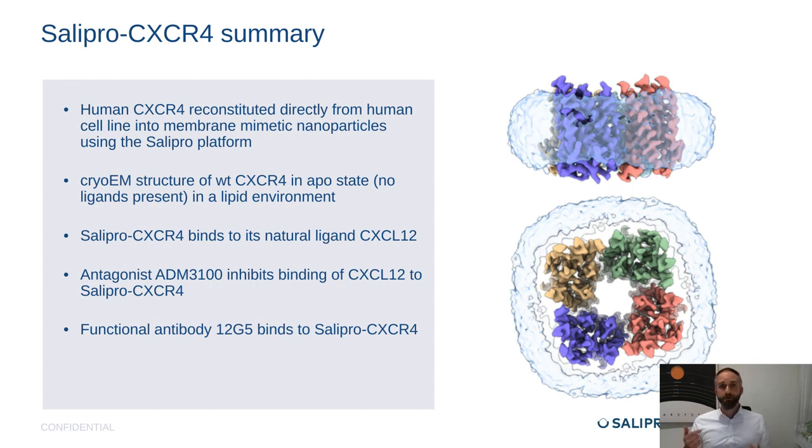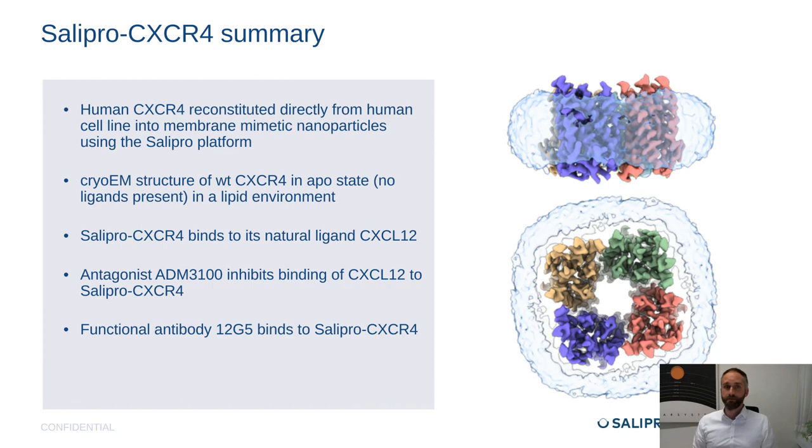We could also show that it binds the 12G5 antibody. We could show that the antagonist AMD3100 inhibits the binding of CXCL12. So in summary, we have a nice tetrameric structure of CXCR4, which is capable of binding CXCL12 and 12G5.